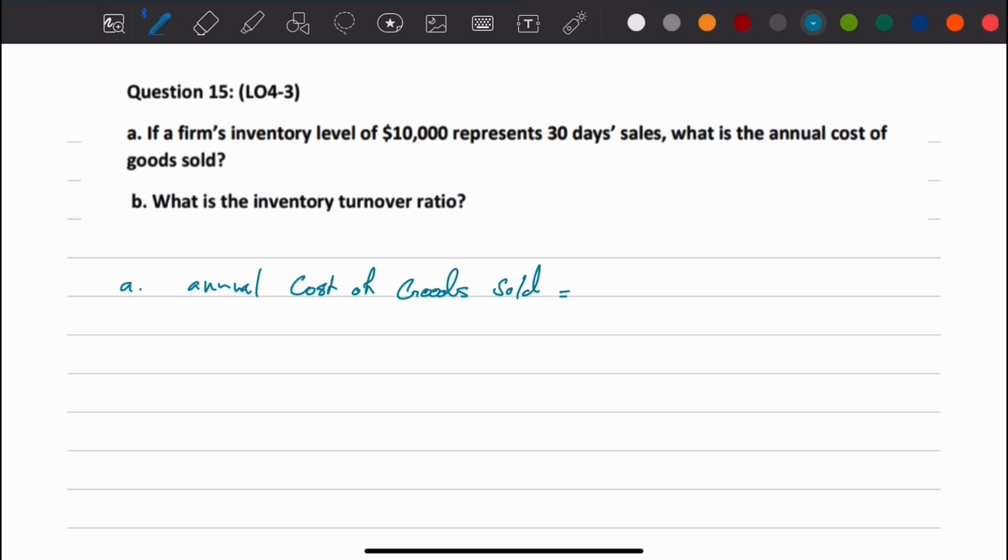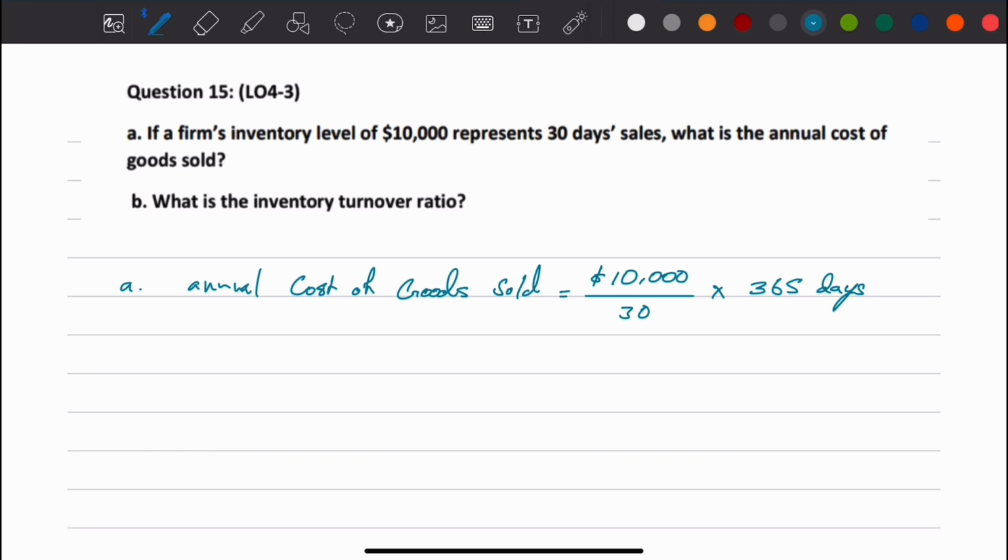So we can put it this way, 10,000, which is sales of 30 days, and we'll divide it by 30 to find the daily sales. And then to find the annual, we'll multiply by the number of days in 1 year, which is 365 days.